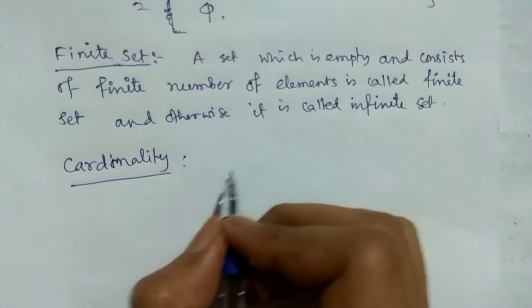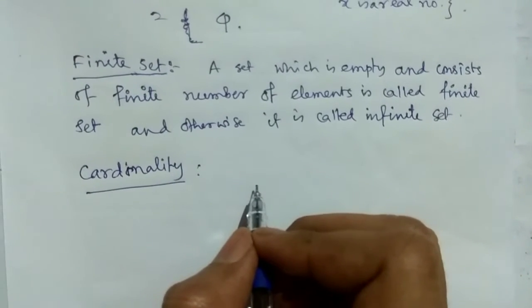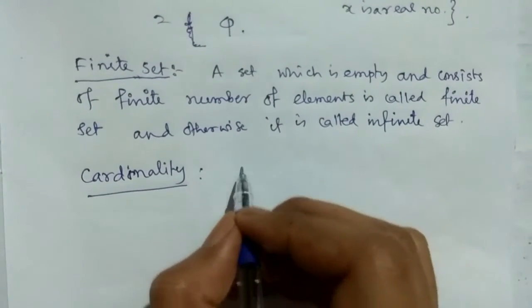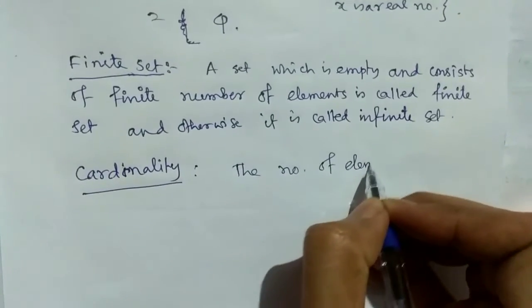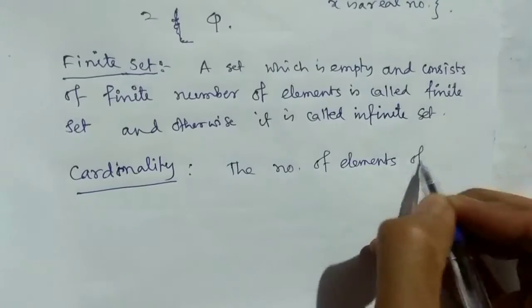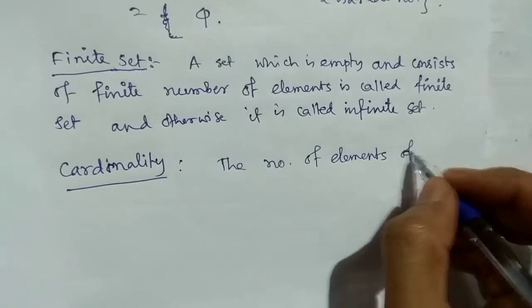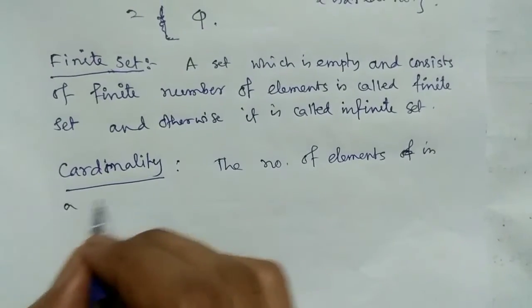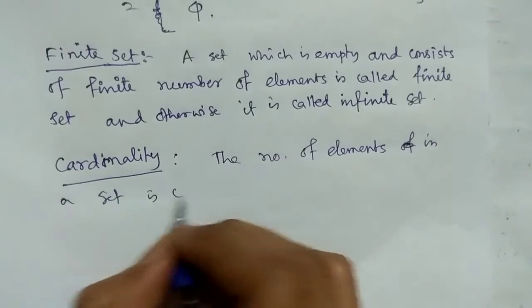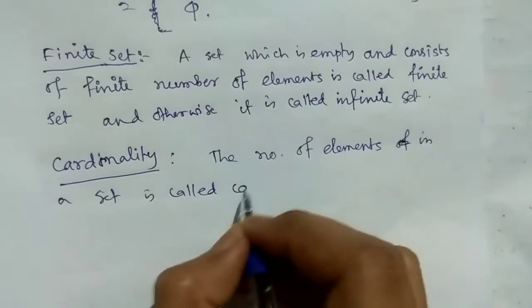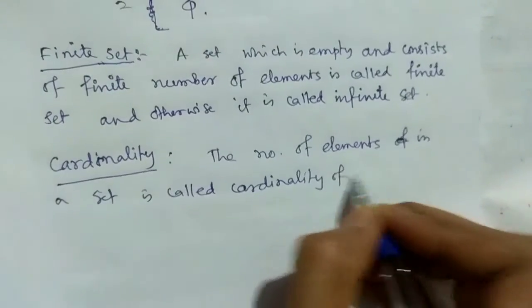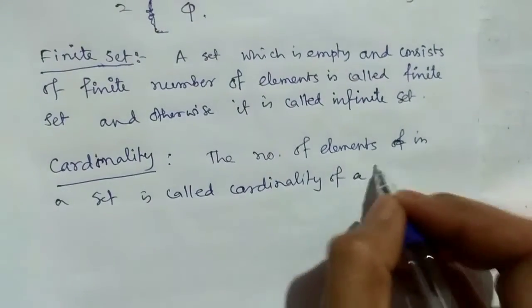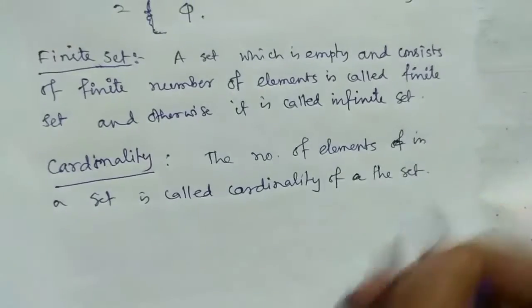Now we define cardinality. The number of elements in a set is called the cardinality of the set.